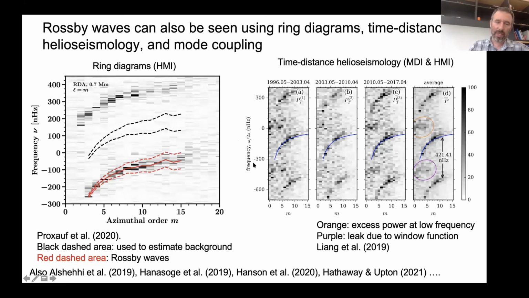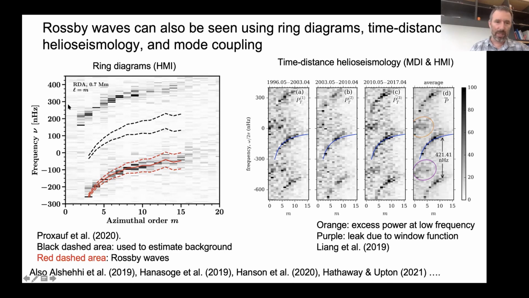And it's not just that you can see Rossby waves in correlation tracking, but they've also been seen in ring diagrams. They've been seen using time-distance helioseismology, and they've been seen using mode coupling measurements. The figure on the left is an example of a measurement done using the ring diagram method applied to HMI observations.